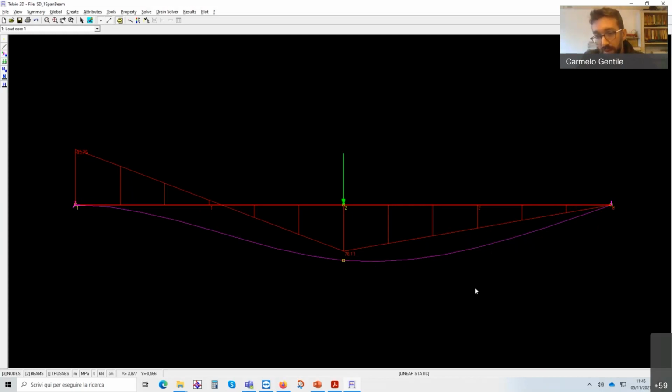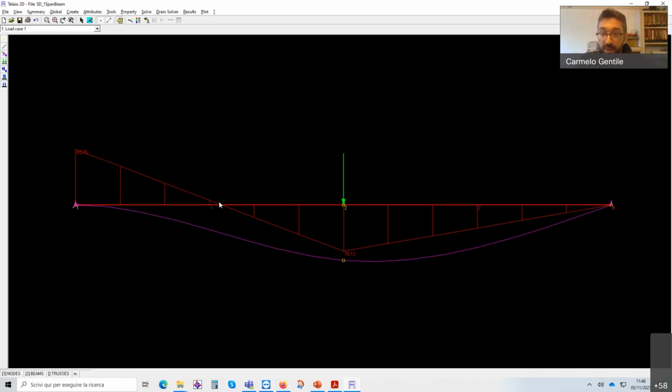It's deforming with a positive curvature upward. Whereas where the bending moment is negative, this part, we can see that the structure is not smiling, it is sad, because the curvature is going in the opposite direction.